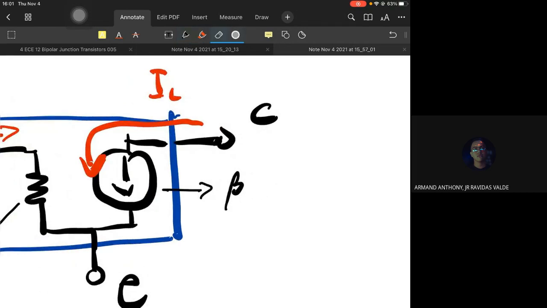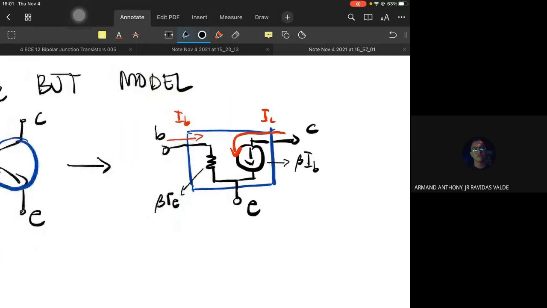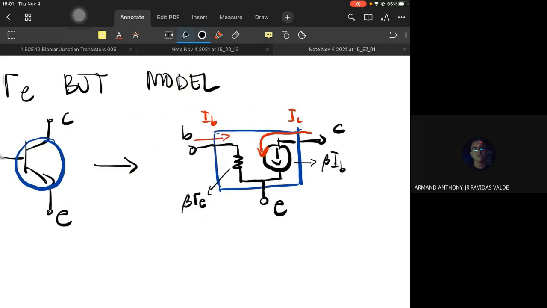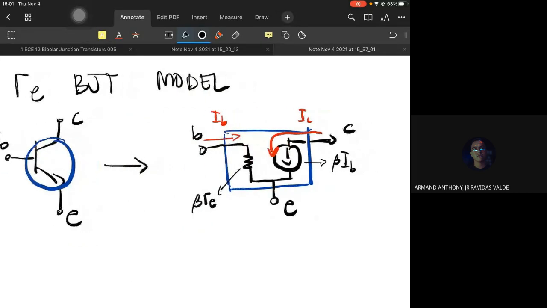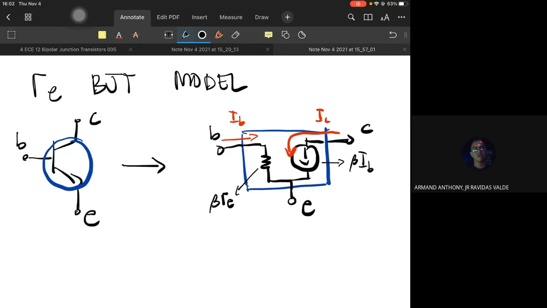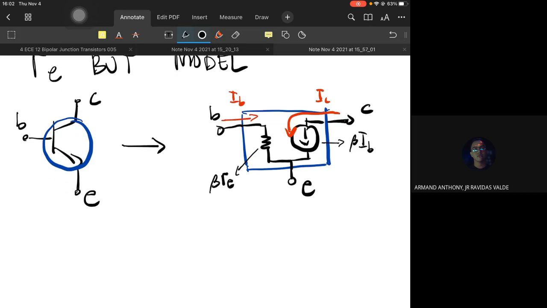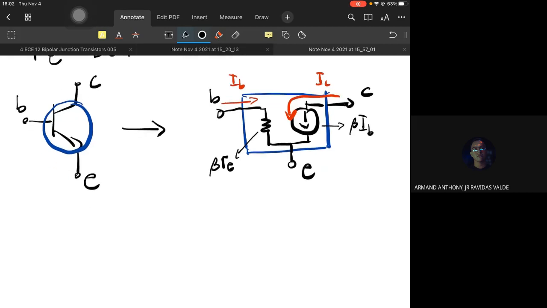So the only new thing here, class, is this parameter RE, which will be used extensively in the RE model for the BJT.